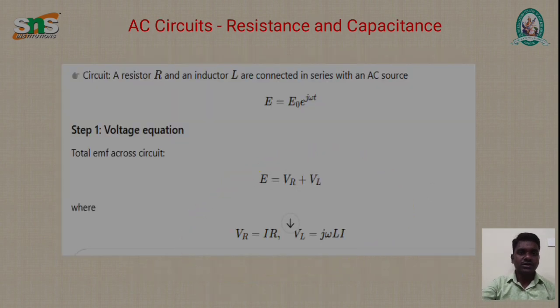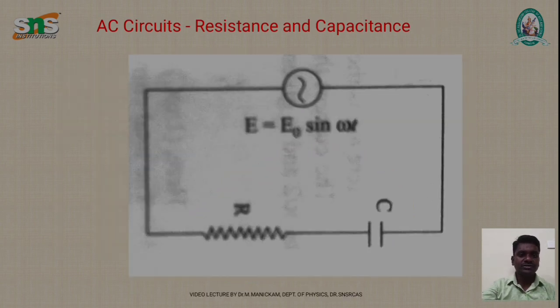In this video we are going to derive the equations to find the voltage across the circuit and the current through the circuit. We will discuss how AC current flows through electronic components like resistance and capacitance.